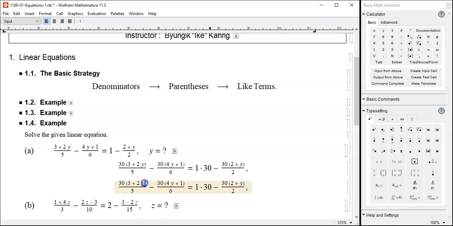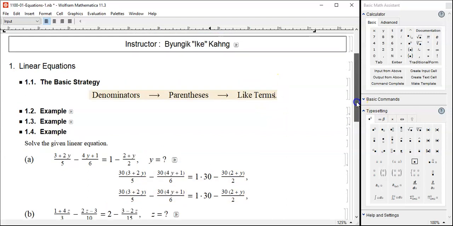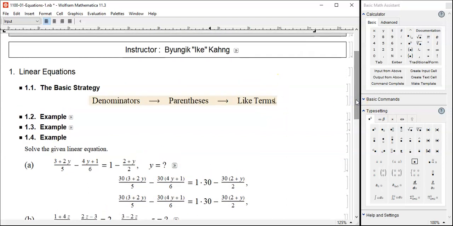Now, a lot of students break off the parentheses here, but no, don't do that. This is the standard procedure. Denominators first. Parentheses come later. Do not break up the parentheses yet because denominators come first. Kill off the denominators first. 30 divided by 5, what is it?